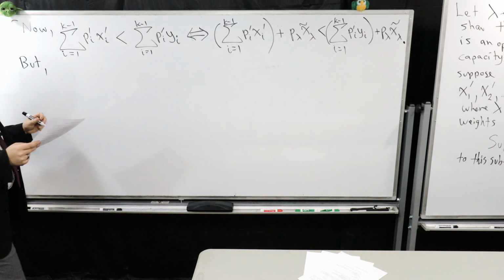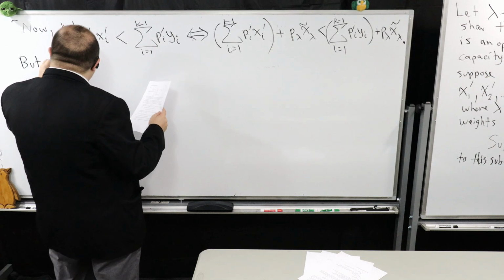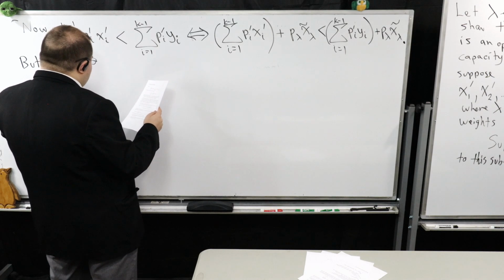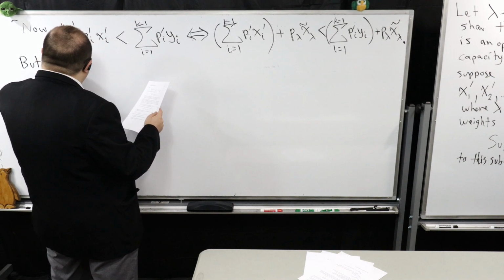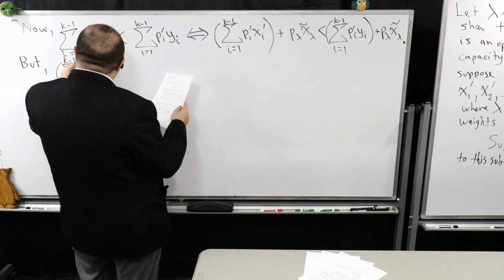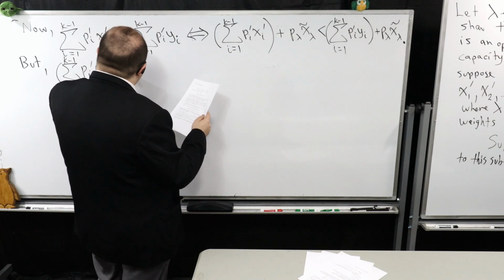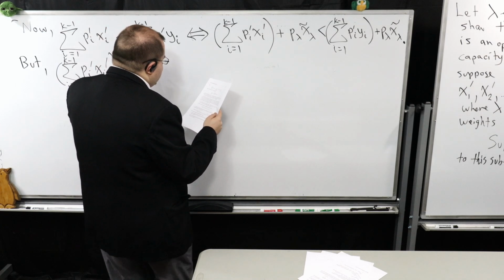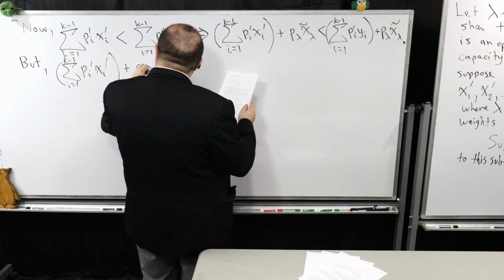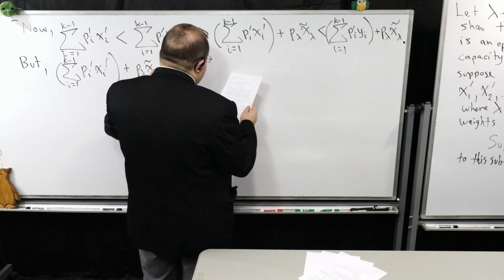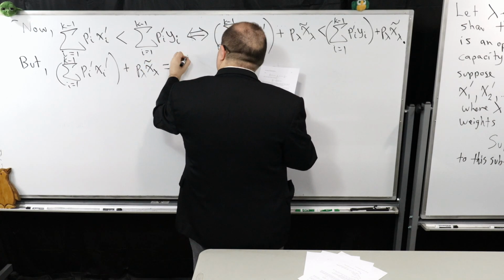Well, I'll just explain it here. The sum from i equals 1 to k minus 1 of p_i prime x_i prime plus the profit of item lambda times x lambda tilde is actually just equal to this.